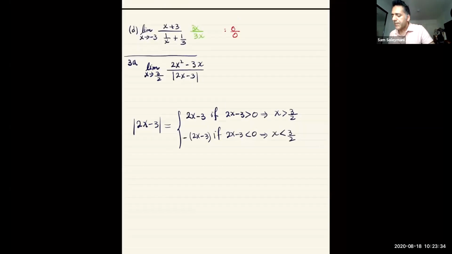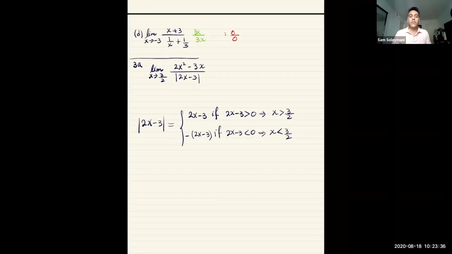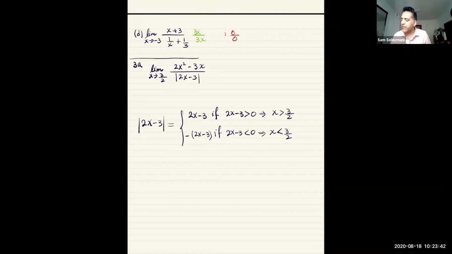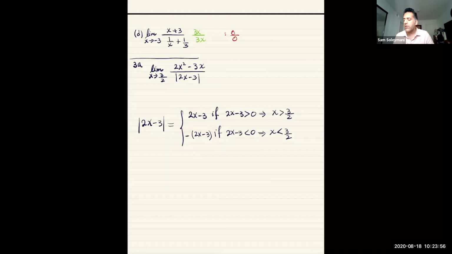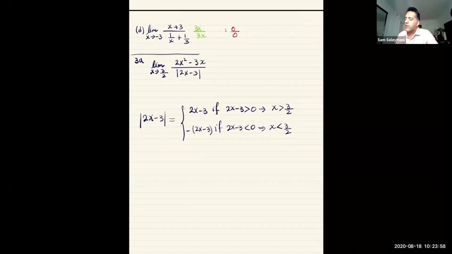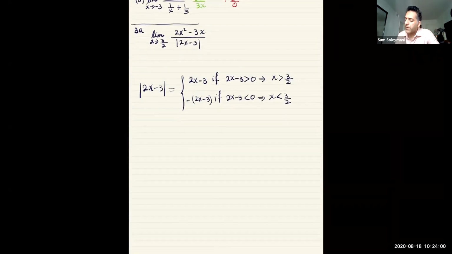Look, this piecewise function changes at 3/2. For x greater than 3/2, you have one piece. For x less than 3/2, or 1.5, you have a different piece, right?